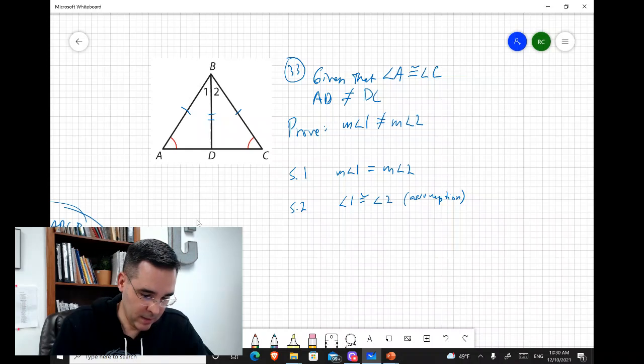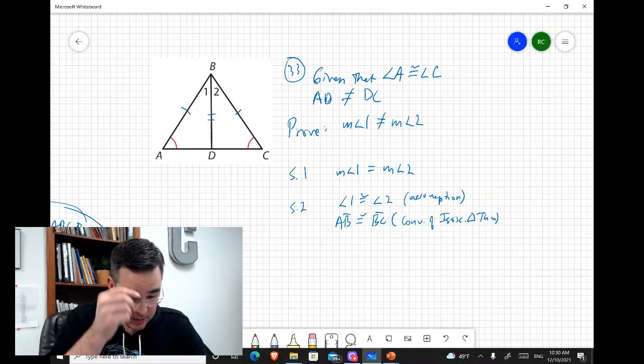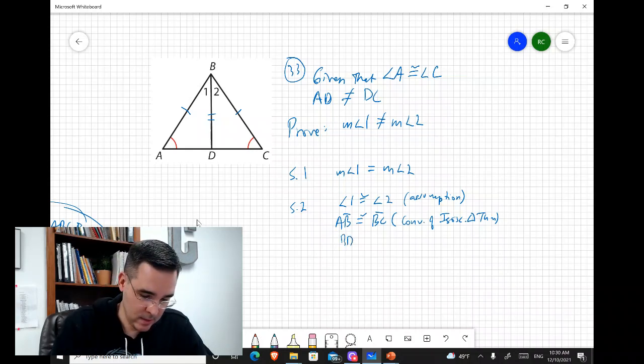And I can say that segment AB is congruent to segment BC, and that's because of the converse of the isosceles triangle theorem. And then I can say that BD is congruent to BD because of the reflexive property of congruent segments. And before you know it, I've got side angle side.